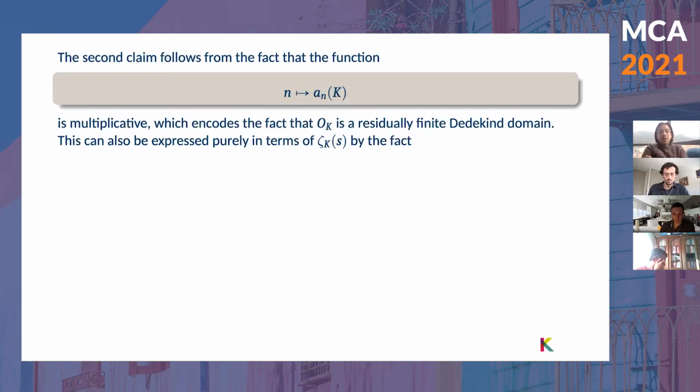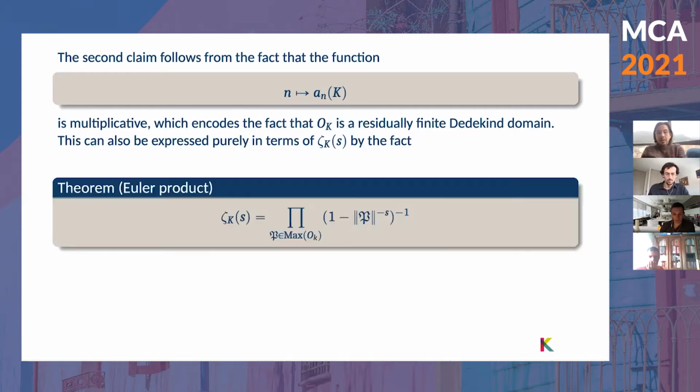You can restate that in terms of just the function, which tells you that you have the Euler product like that. So these three restatements, that the function is multiplicative, that the ring of integers is a residually finite Dedekind domain, and that you have the Euler product, are essentially the same.